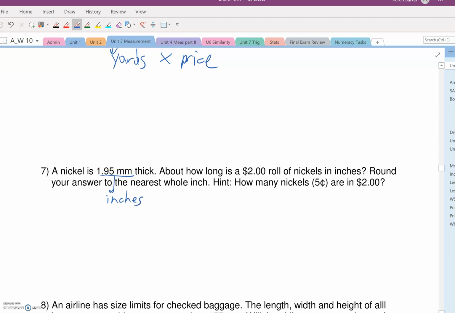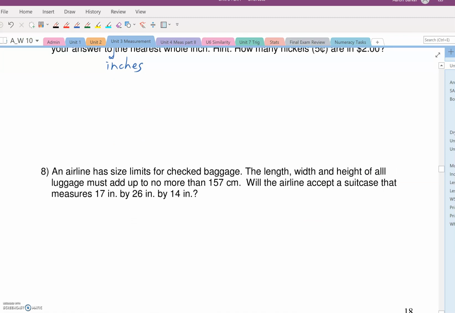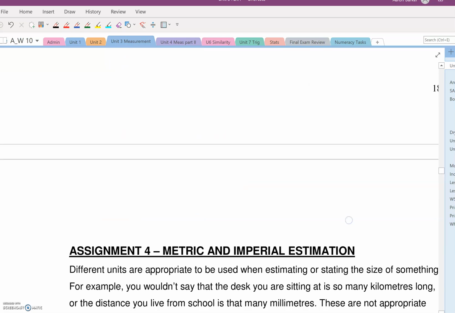And I'm going to leave you to solve the rest. And this one here, it's your choice. Most likely the easiest one would be to convert into centimeters for each one. Find out the centimeters and then add them up to see if it's more or less than 157. That's a little bit different how you do that.